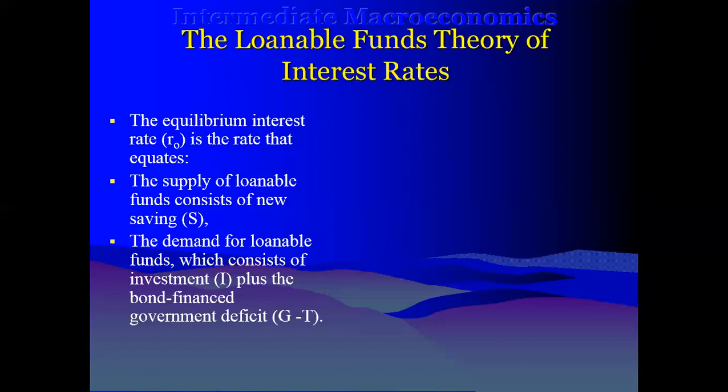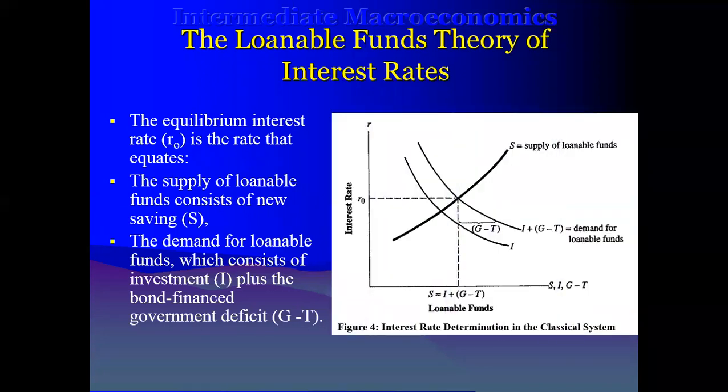So if that's the case, then at equilibrium, the savings will not only be equal to investment, but it should be equal to the summation of investment and the bond-financed government deficit. So let's look at this diagram. Initially, this is where the equilibrium was supposed to be. This is the investment function, this is the savings function.